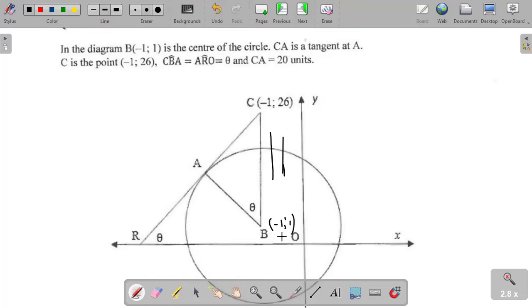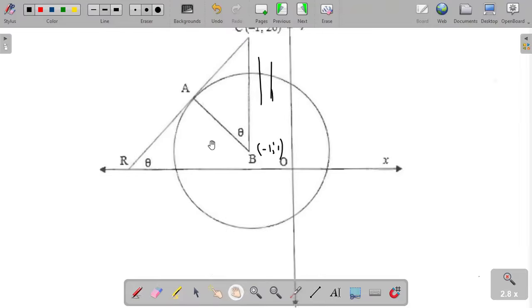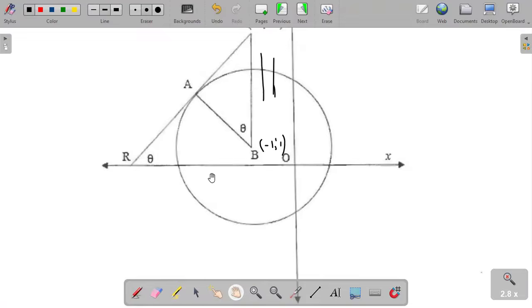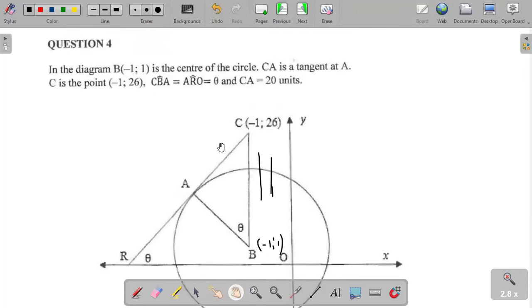So where do we go from here? Calculate the length of the radius of the circle. Well, they gave us CA. They say CA is 20 units.